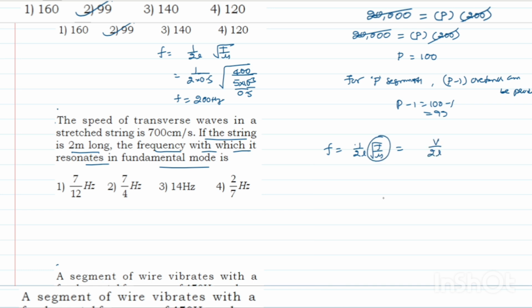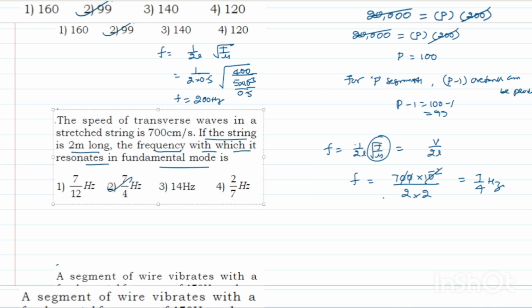Here the velocity is given, students, 700 centimeter per second. You have to convert it: 7 into 10 power minus 2 meter per second, by 2 into length 2 meter. The 2 zeros get cancelled, and we get 7 by 4 hertz.